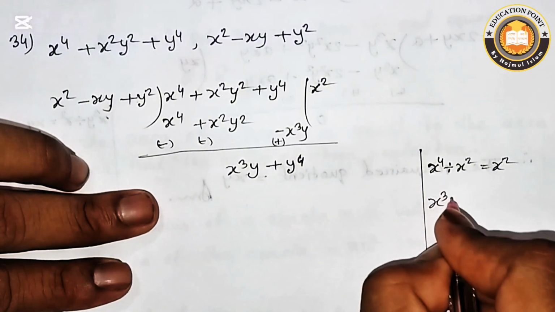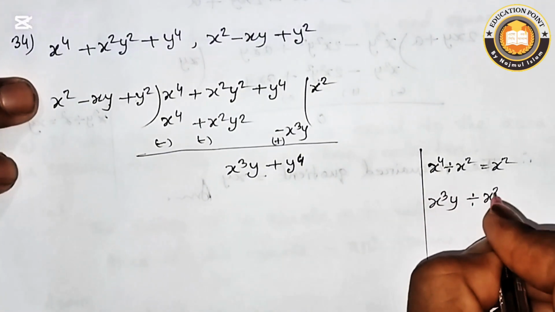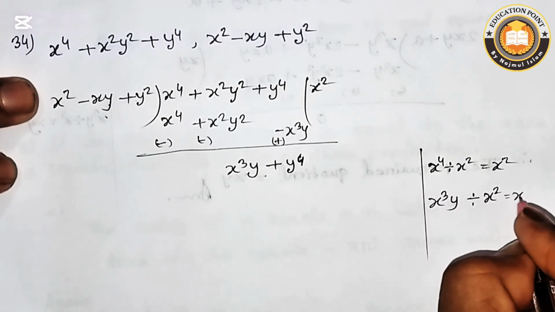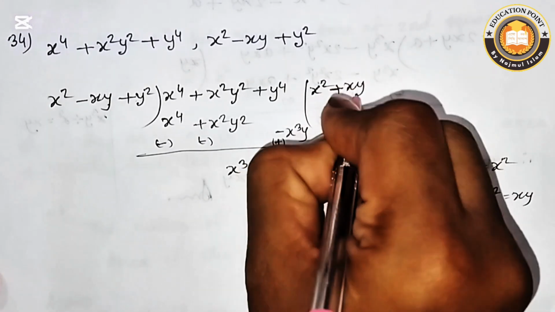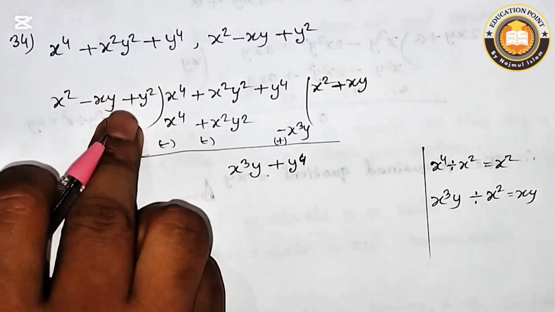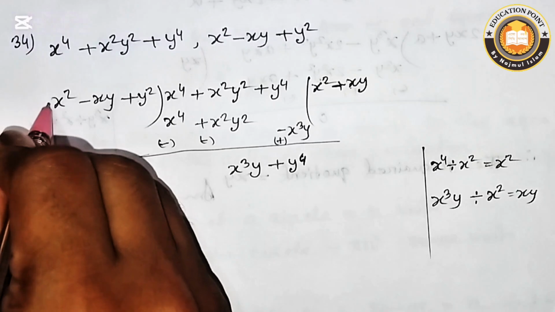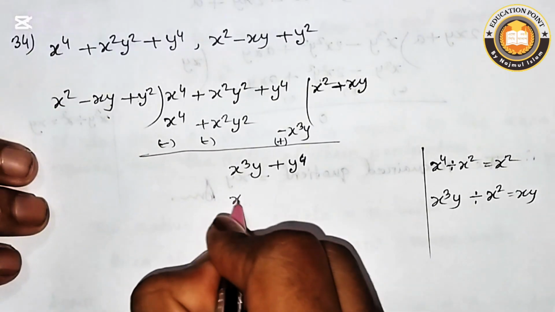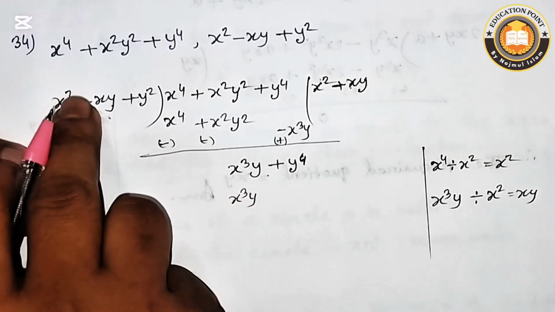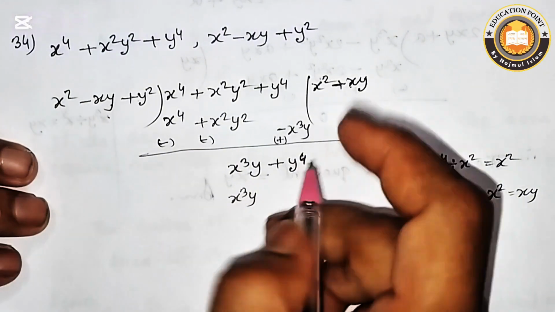Now x cube y divided by x square equals xy. So plus xy multiplied with x square minus xy, then plus y square. Xy multiplied with x square means x cube y, plus x square minus x square equals minus x square y square.